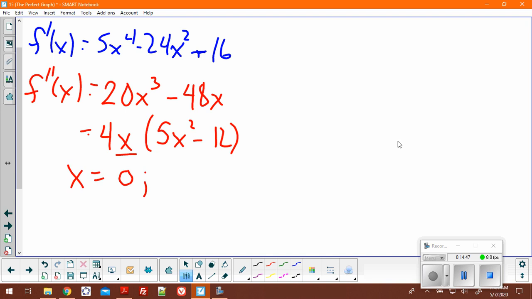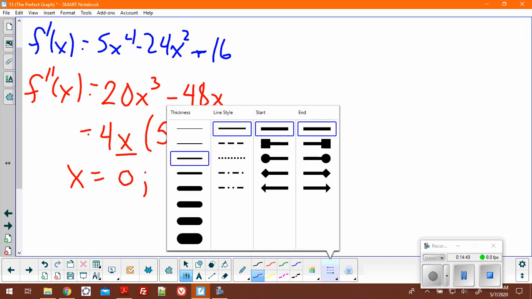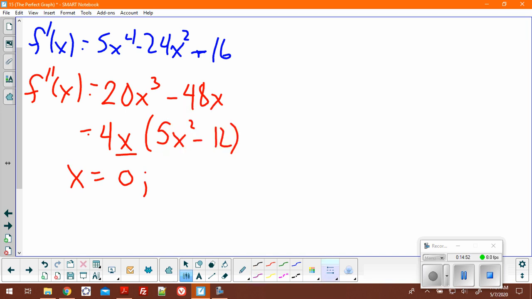And from this one, let's do a little side work. Same trick. I'm going to have 12 over 5, x squared equals 12 over 5. So this is plus or minus 2 root 3 over 5.